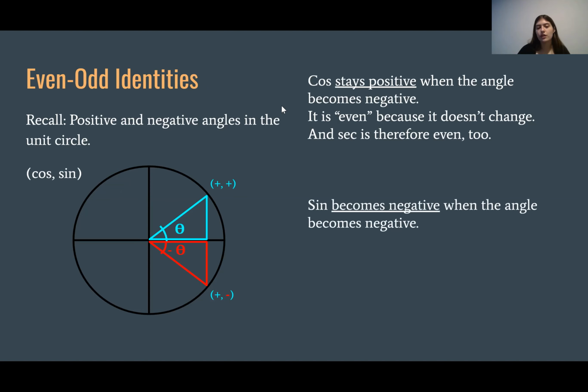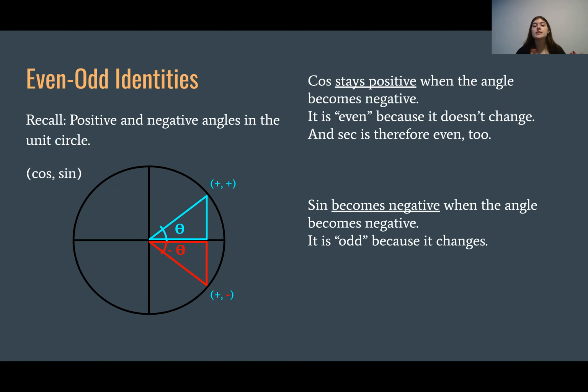Sine is a little bit different though. If we're looking at positive theta, sine, our y value, is positive. But when we take a look at negative theta, sine, again our y value, is now negative. Sine has gone from positive to negative. So because it becomes negative when the angle becomes negative, sine is considered an odd function.